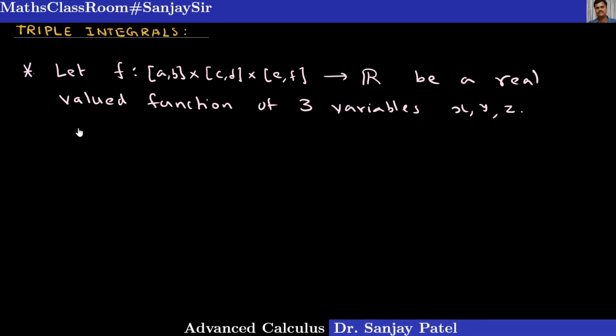We'll put this cuboid, or you can say parallelepiped, as [a, b] cross [c, d] cross [e, f]. Okay, so our function will be like this.